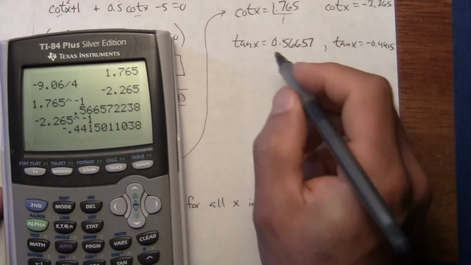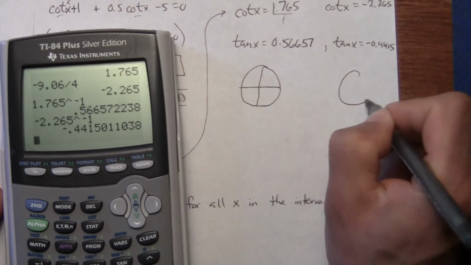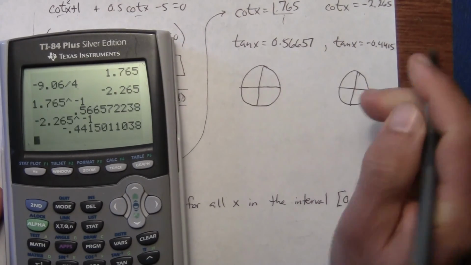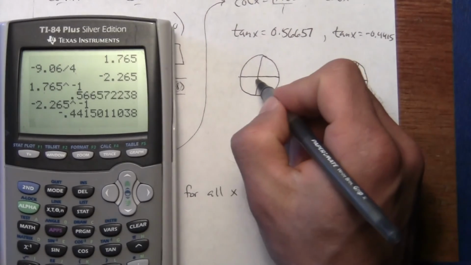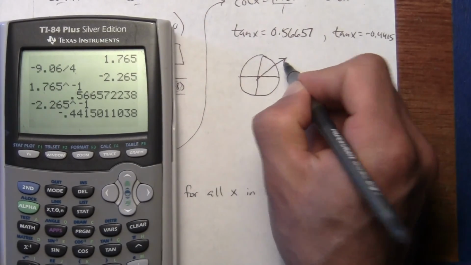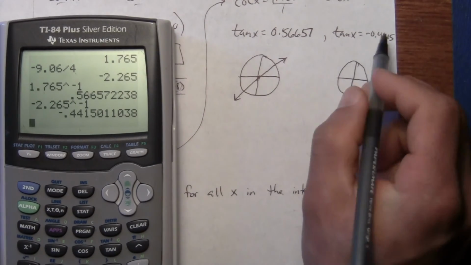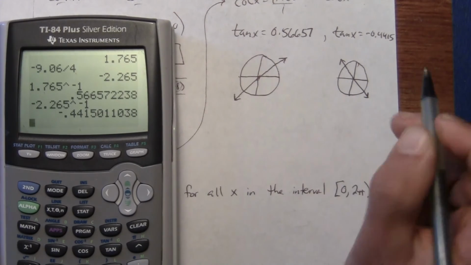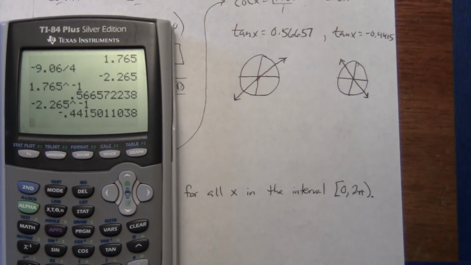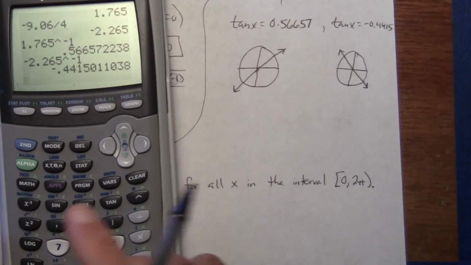Alright, so again, draw yourself the little unit circle. We're not going to recognize these numbers, which means we're going to have to use our calculator, but that doesn't mean I can't say what quadrant it's in. Tangent is positive. That means it's in the first and the third. If tangent is negative, it's in the second and fourth. And now, for most of us, it's easier to think in degrees, so we'll do that, and we can convert it to radians later.